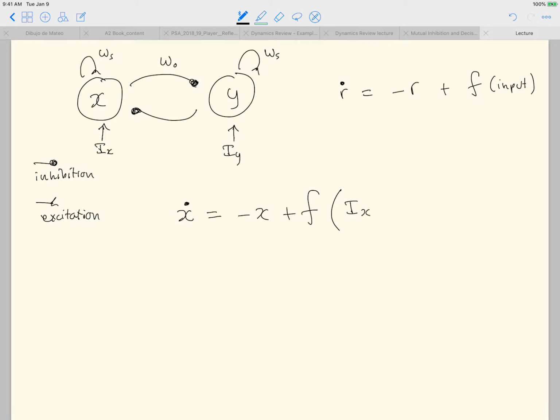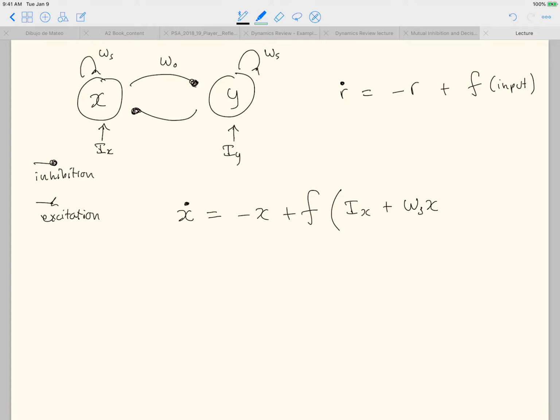So it's Ix plus some self-excitation. So I'm going to write that down as Ws times X. Right? So the stronger X, the higher the activity of X. Remember, X is going to be bounded between 0 and 1. If Ws is positive, then the stronger the input to itself.